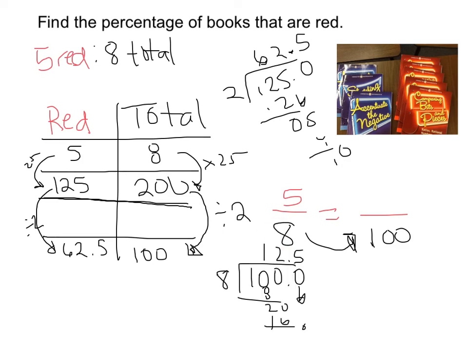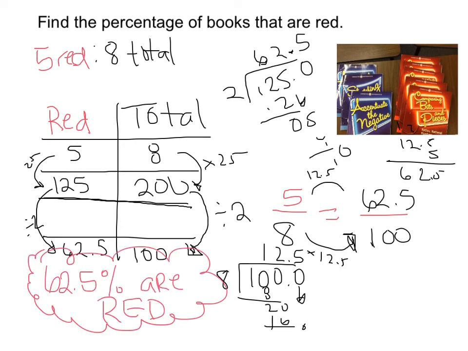And the multiple is 12.5. So I would also need to multiply my 5 by 12.5 to get to that answer. And again, of course, I get 62.5. My equivalent ratio of 5 to 8 is 62.5 to 100. And therefore, the answer here is 62.5% of our books are read.